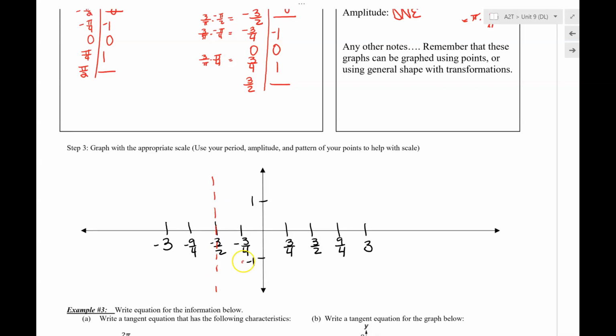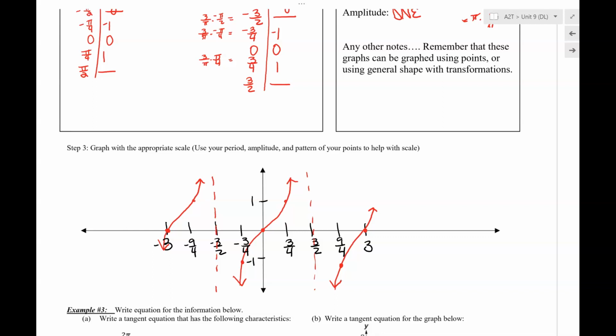At negative 3/4, it is negative 1, 0, 0, 3/4, 1, and then we have another asymptote. Now, if you'd like, you can extend it out so that you can get the other asymptote, or you can just draw a portion of the tangent function. I'm okay with either one, to be honest. There we go. And that will encompass 2 periods.